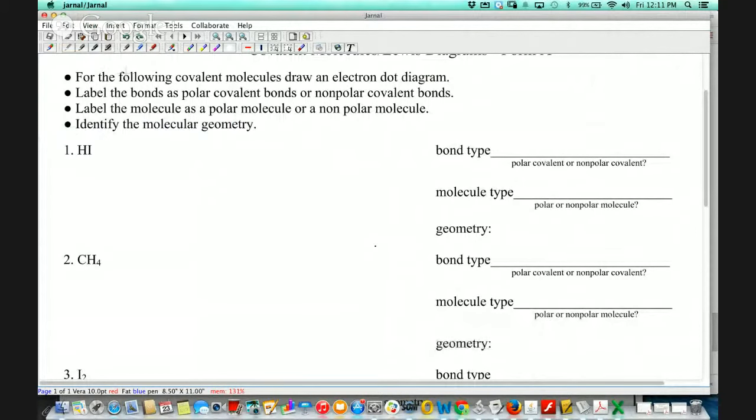You should have this worksheet out. Yours should be done. All right. But I want to show you how we would do this with the models.